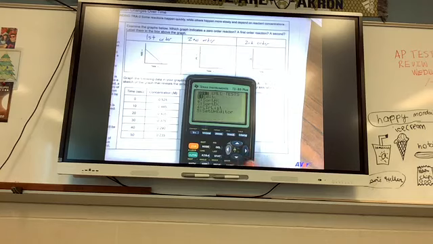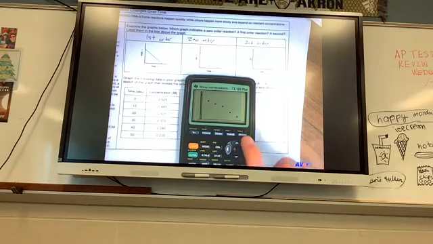Oh no, I go to graph, and then I go to zoom 9. Okay, that looks interesting. So that's kind of straight.